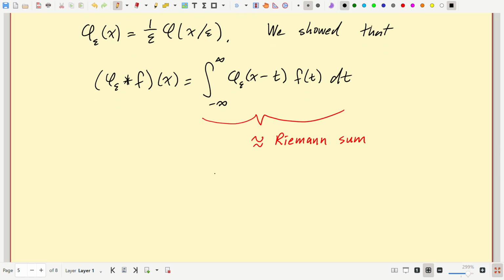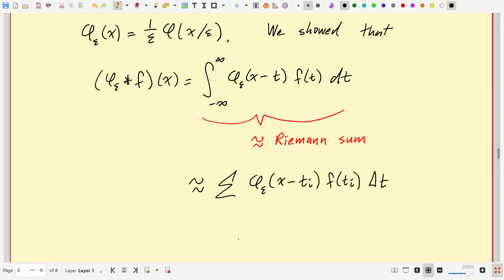When I do a finite sum, it's going to look like a sum of phi sub epsilon of x minus a point t sub i, times f of t sub i, that's a number, times delta t.